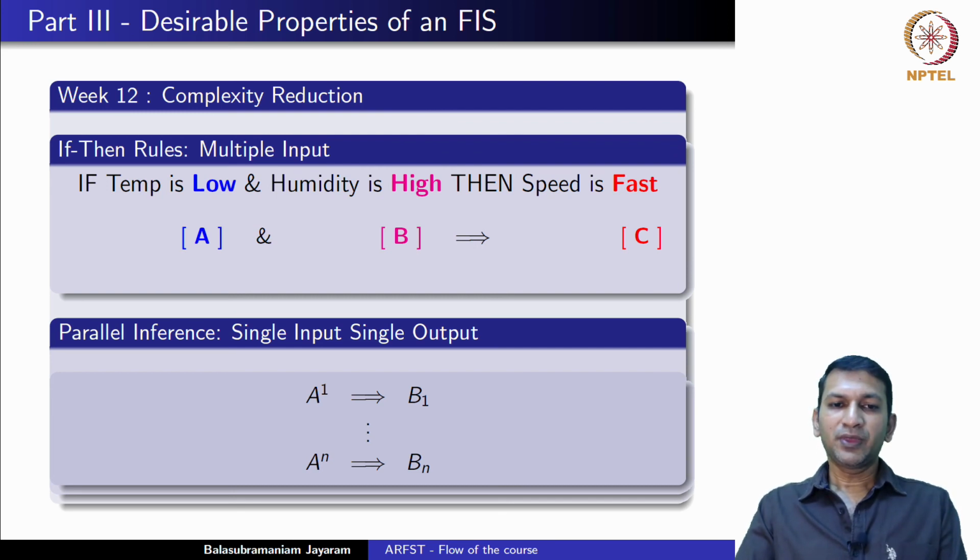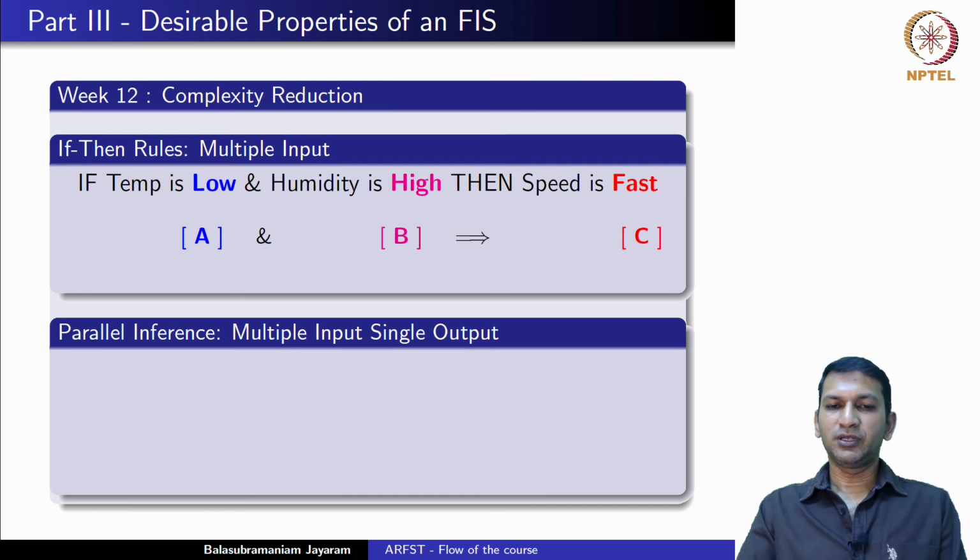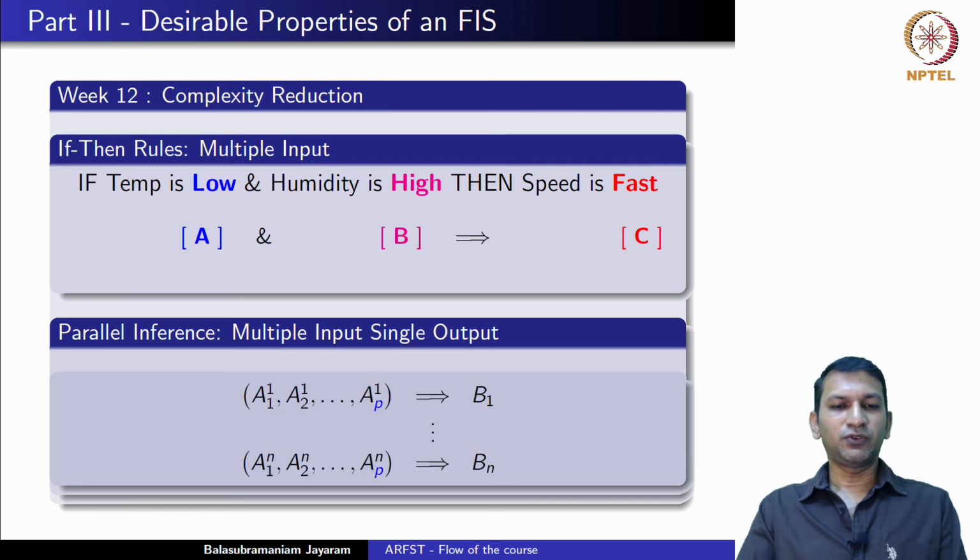They could also be multiple input, single output rule bases of this form, where each antecedent is actually coming from a Cartesian product of P different domains. So P here refers to the dimensionality of the antecedent domain.